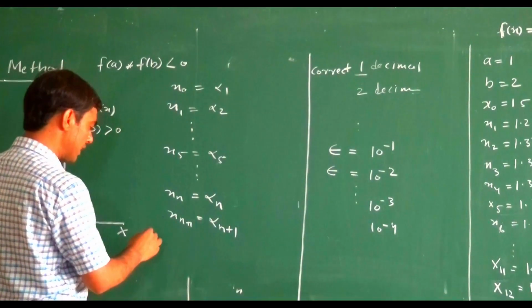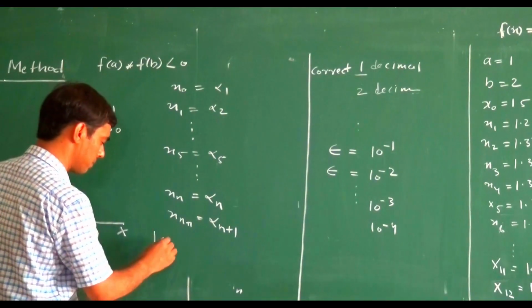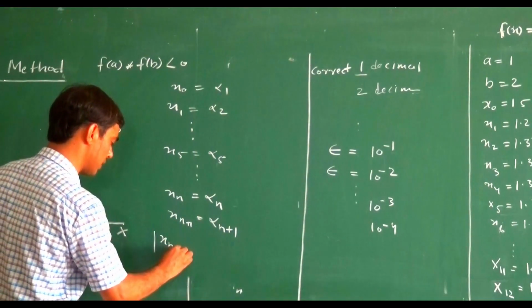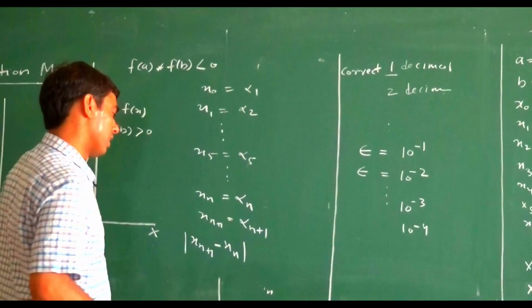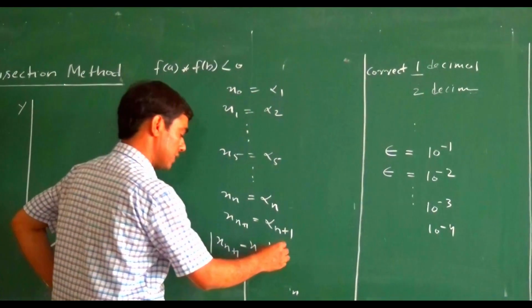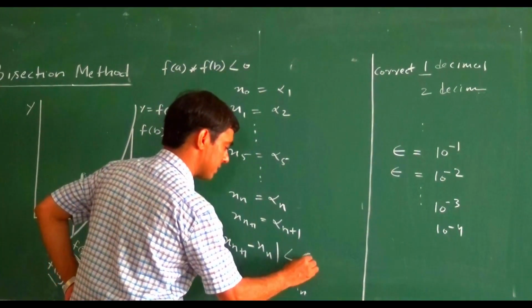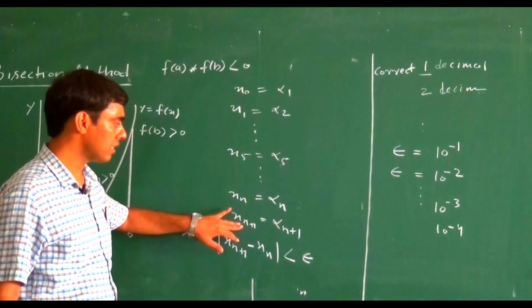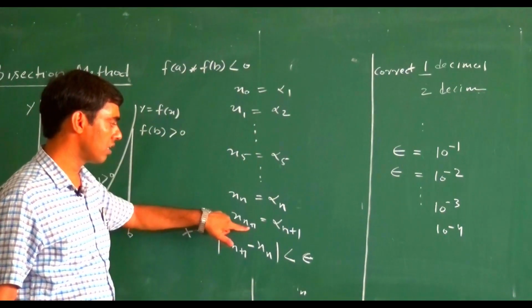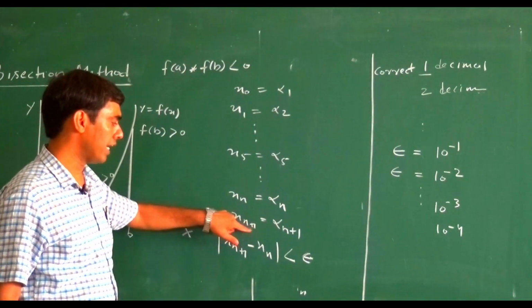If the positive difference, xn plus 1 minus xn, is less than EPS, then we stop our iterative procedure at n plus 1.